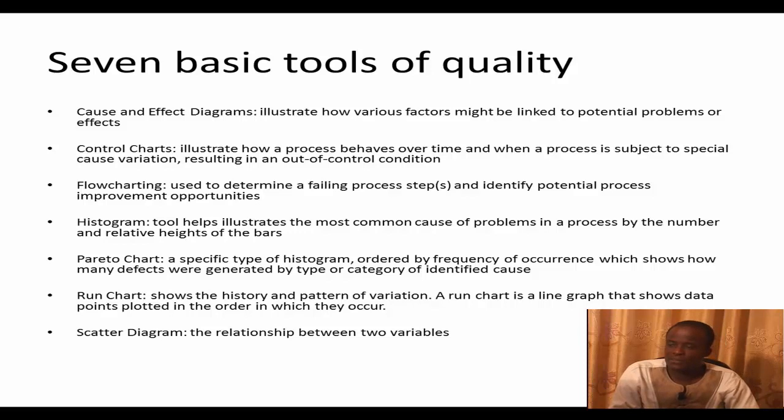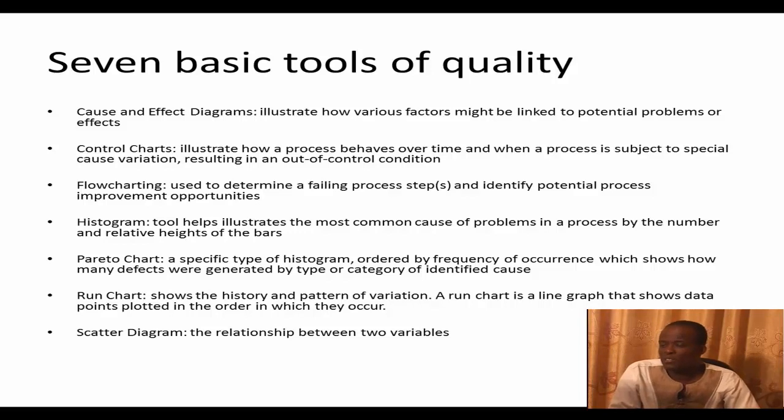Now, a histogram, also a basic tool of quality, helps illustrate the most common cause of problems in the process by the number and relative heights of the bars. So depending on the attributes on the vertical axis and the number and the height of the bars, it can give prominence to a particular problem.